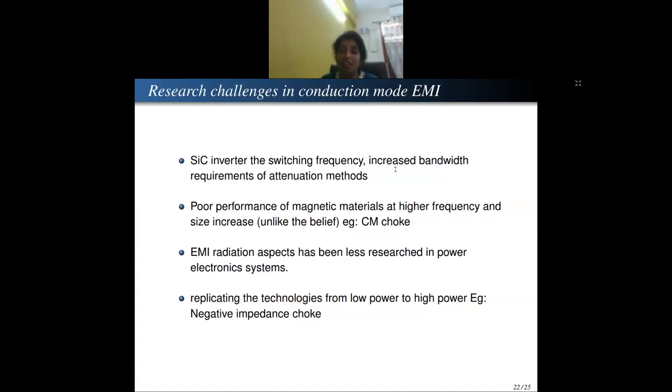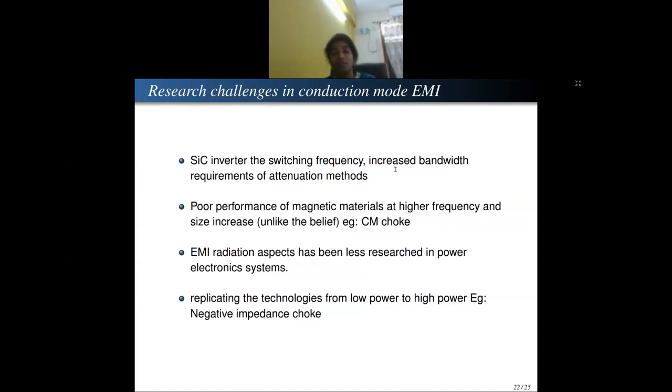No, it is not so in the real case. If I make a choke at 20 kilohertz and use it at 100 kilohertz, the inductance would already have been reduced.